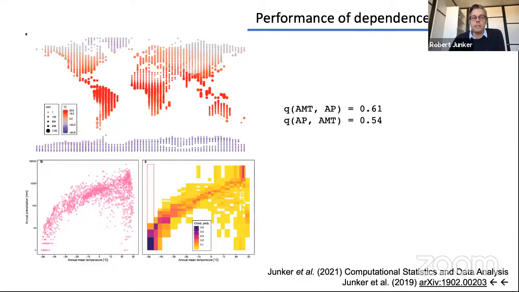So if your hypothesis is, I'm interested in how well I can predict the precipitation by the knowledge of the mean temperature, you can say, okay, I can predict it, or the dependence is 0.61. And that is not blurred by the overall statistical dependence between both of these variables. And so now you can formulate directed hypotheses, and you get your numbers for these directed hypotheses.